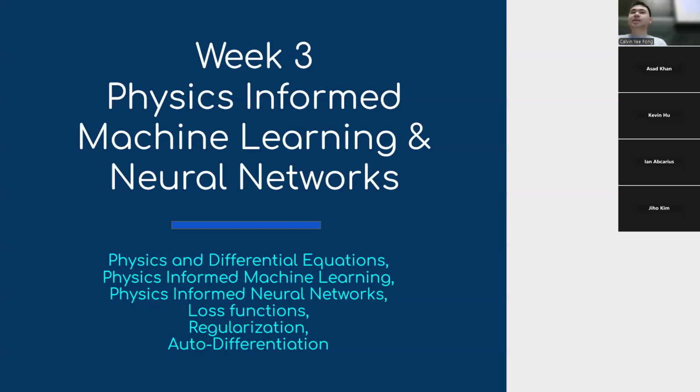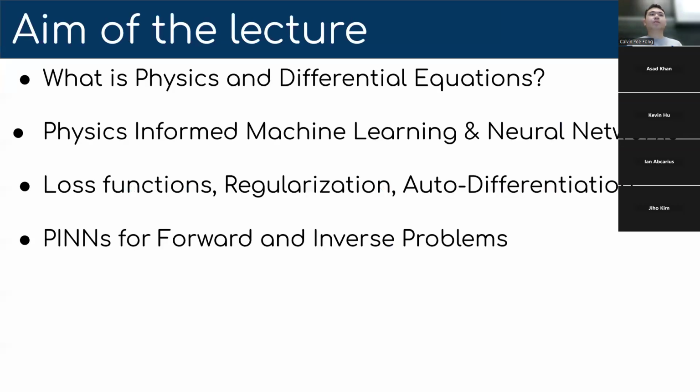Okay, let's begin today. So this week we'll cover physics-informed machine learning and physics-informed neural networks. For the aim of this lecture, we plan to cover what physics exactly is, well, sort of.